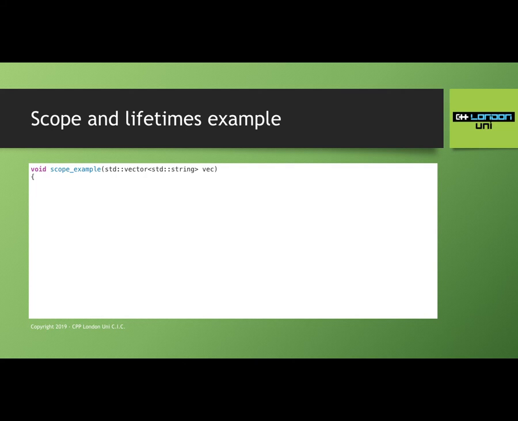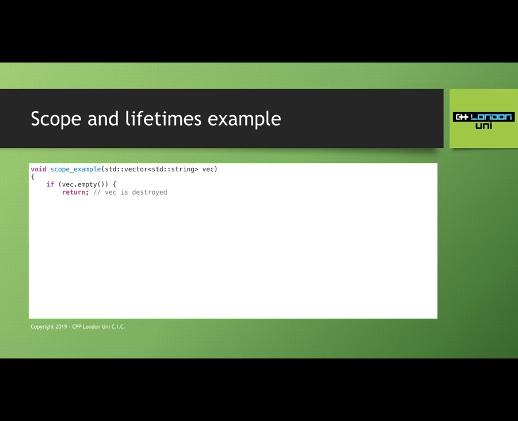So I'll show you what I mean by this. Scope-based lifetimes. Here I've got a vector of strings, so lots of heap allocation going on here, probably. This is a function that takes a vector of strings by value.